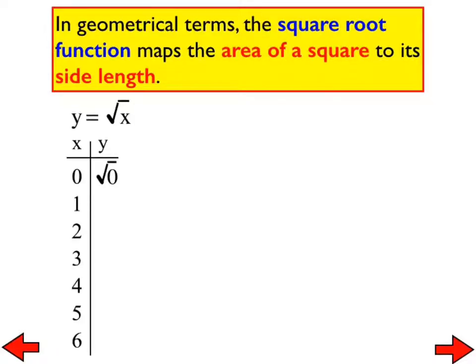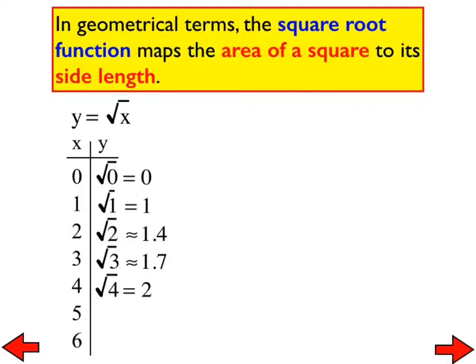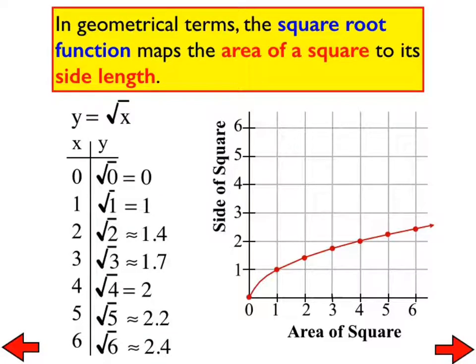So if I use a table 0 to 6, and you don't have to write any of this down, I'm just showing you how the square root function kind of works. And I figure out the perfect squares and estimate the irrational roots. And then I plot all of those. It looks like this.